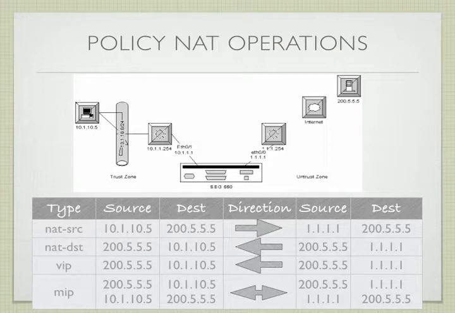So there's a one-to-one relationship between those, and in using a MIP, that cannot be the interface address because it's dedicated to the server. So this would have to be 1.1.1.2 or some other address that is able to be handled by the interface.